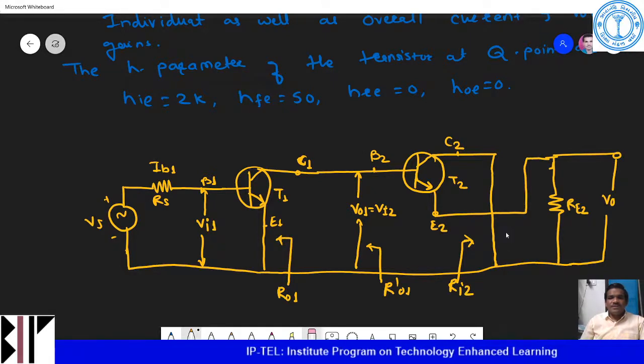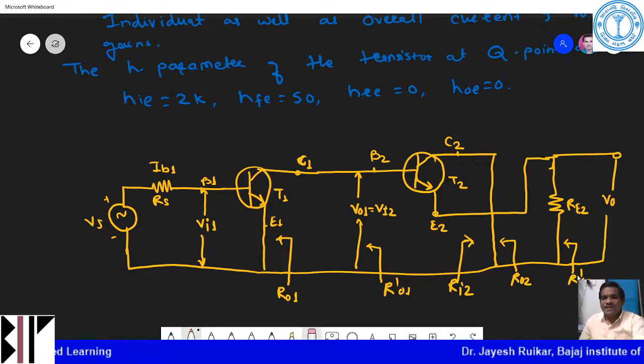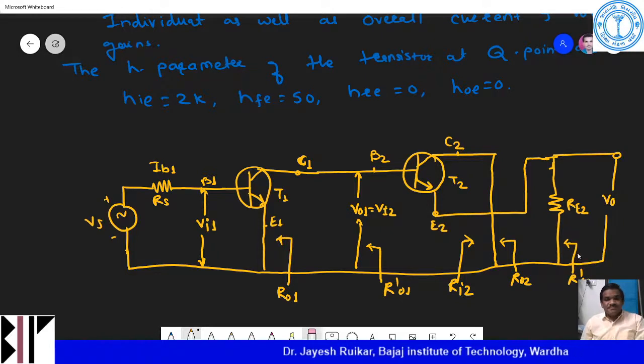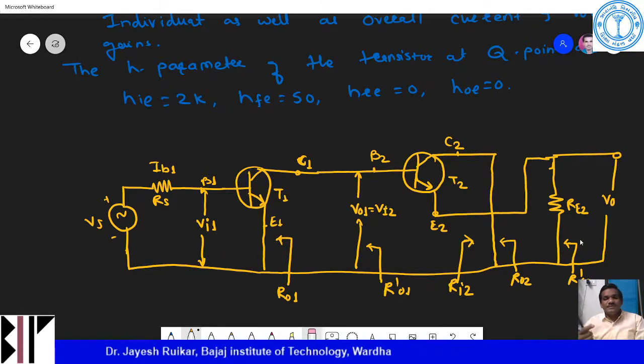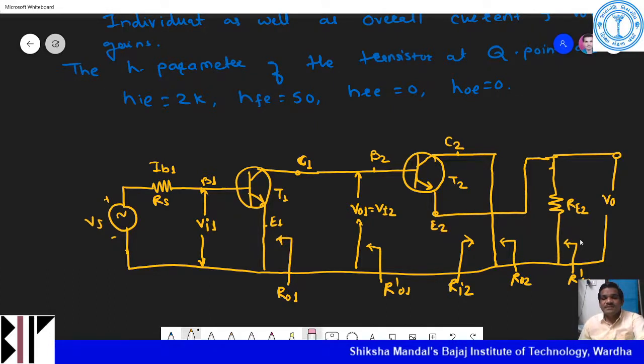And the output resistance at this side is RO2. Across this RE terminal we have R dash O2. As I told you, in a multi-stage amplifier, the output impedance of one stage is shunted by the input impedance of the next stage.